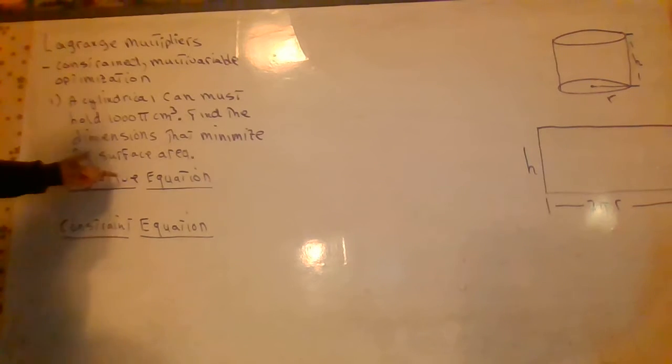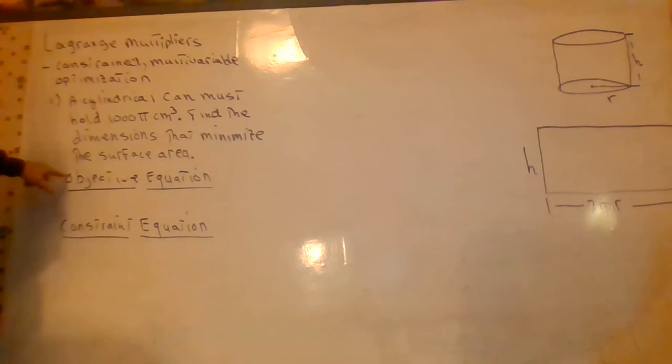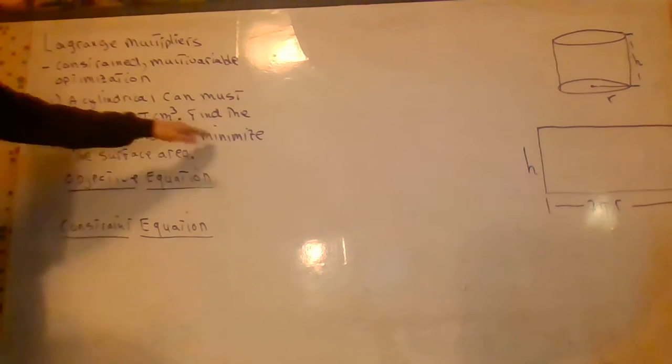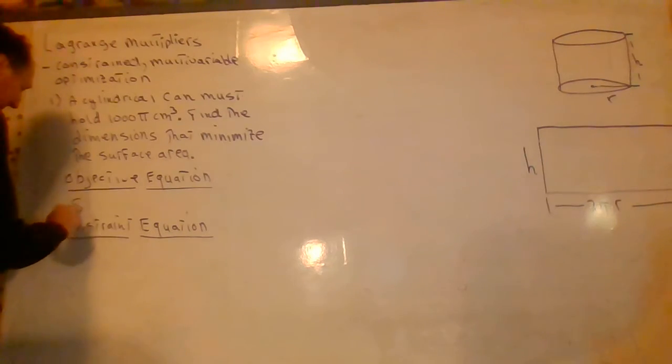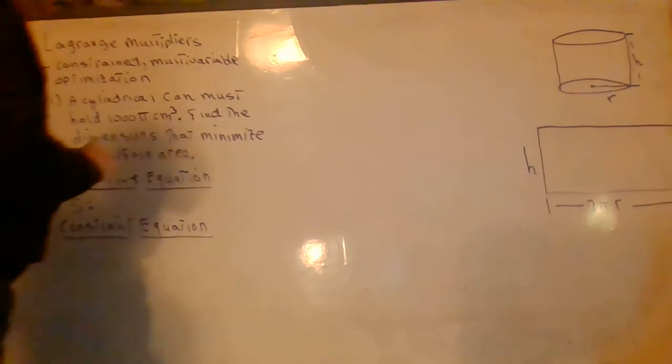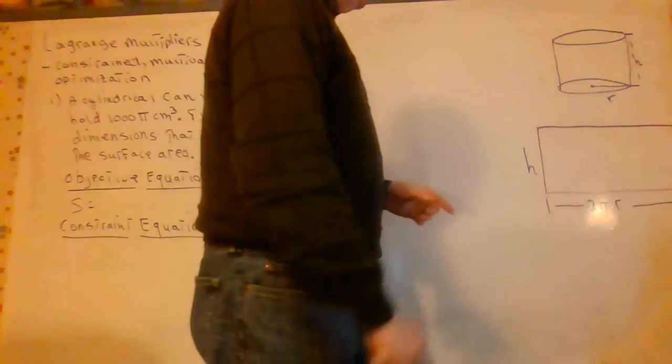Well, we start with an objective and a constraint equation. The objective equation is what we want to optimize. Well, it says minimize the surface area, so it's going to be S equals. There are two parts to the can.